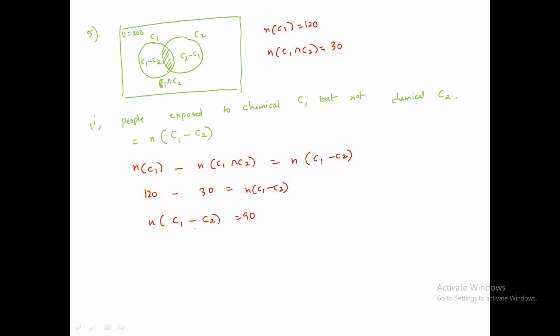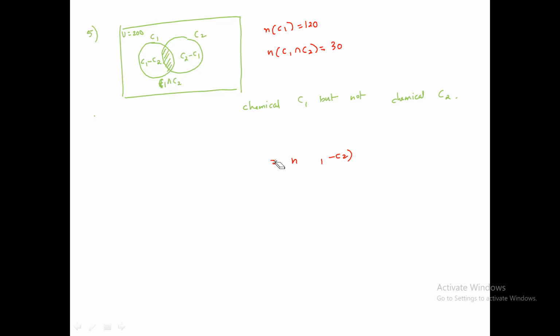Without Venn diagram, taking just the help of Venn diagram, I have done this. Okay. Now second one. Without Venn diagram is also easy, but the only thing is you must have proper knowledge about the diagram. Then it will be easy.